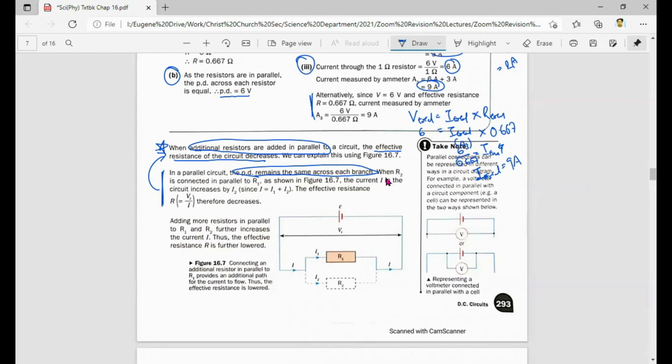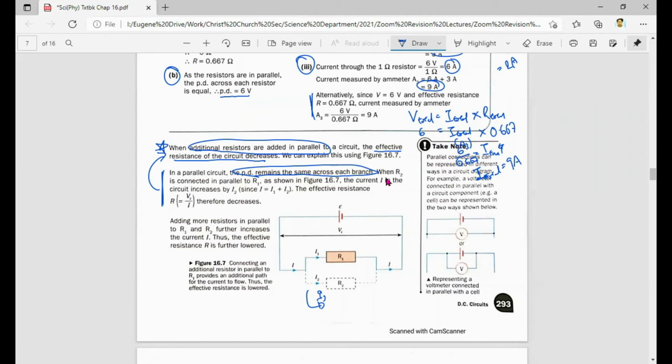When I add more and more resistors, there'll be more and more current flowing. So I1, I2, if I add one more, there'll be I3. So there'll be more and more current flowing through the whole circuit. And since we know overall resistance is equal to the V total divided by I total, since I keeps increasing as I add more and more resistors, but V stays the same, so constant divided by a bigger and bigger number, R will actually decrease along the way.